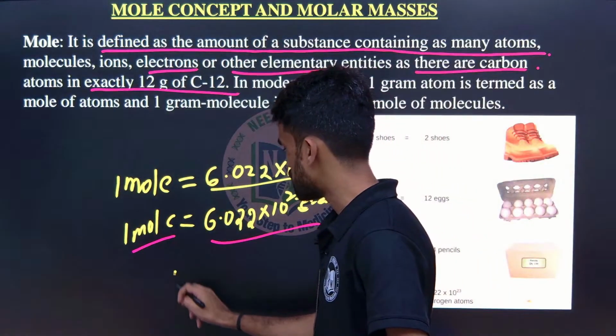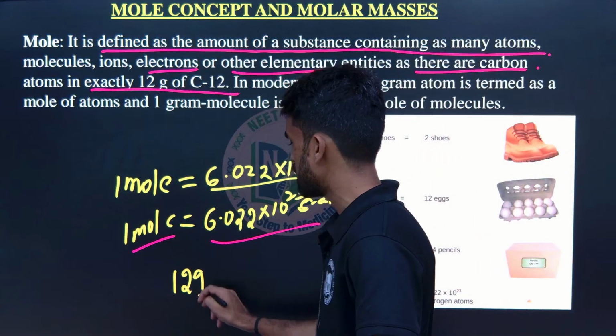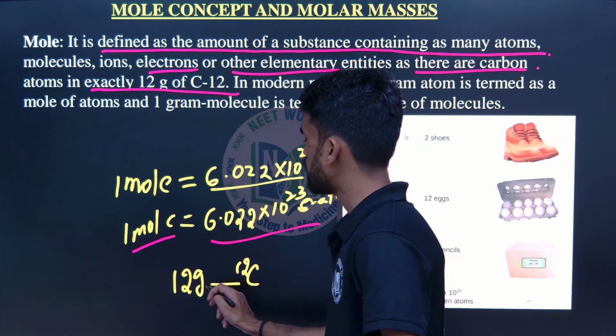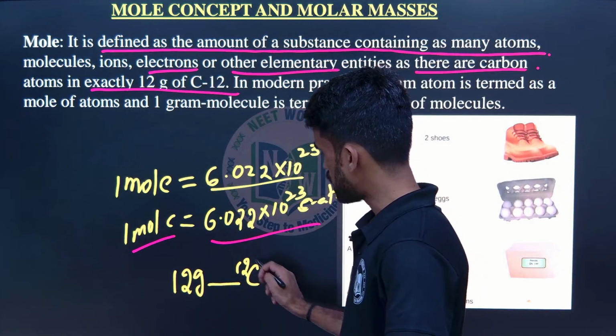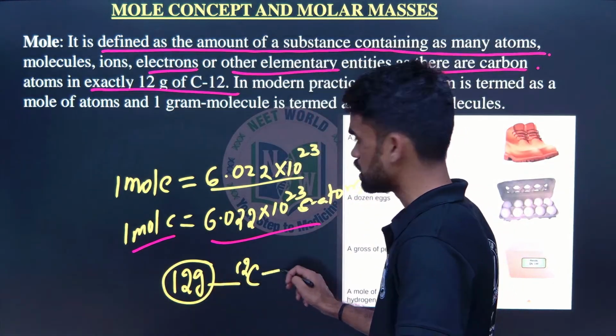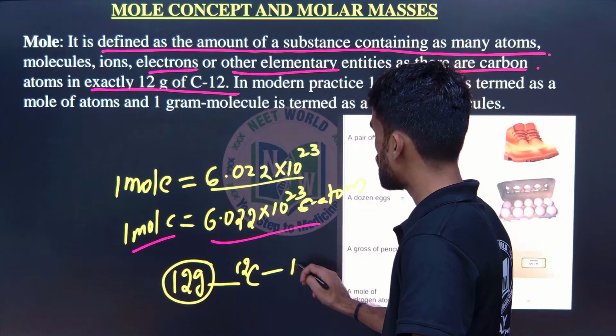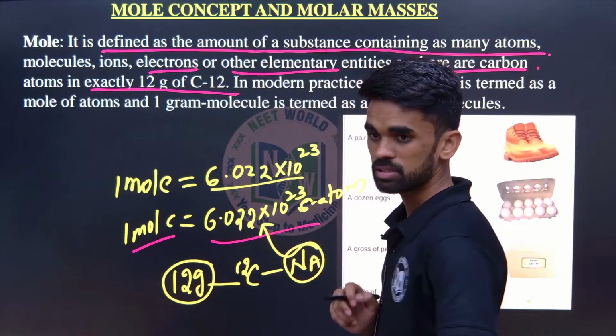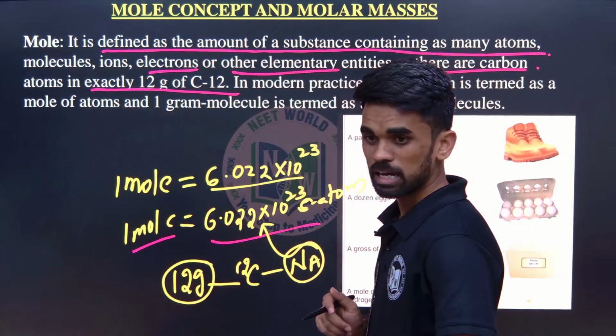It is observed that 12 grams of C12 carbon contains Avogadro number of particles. Avogadro number is nothing but this number.